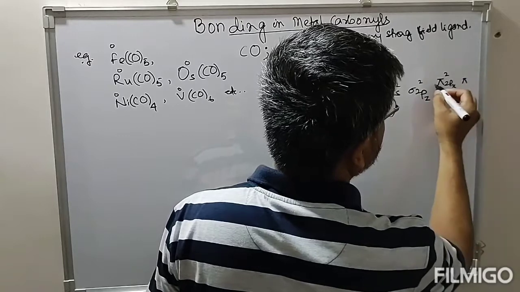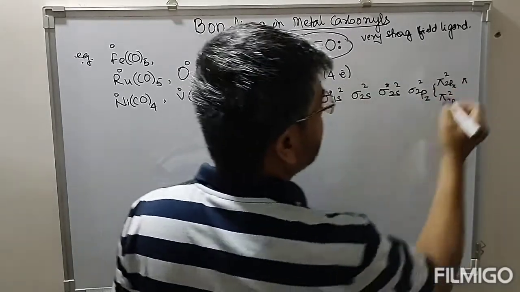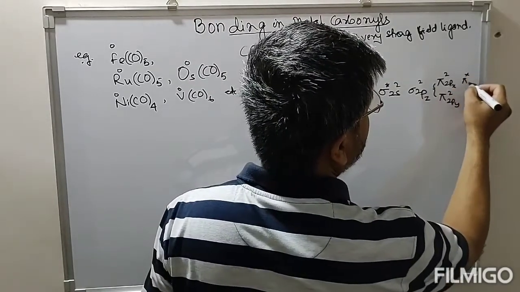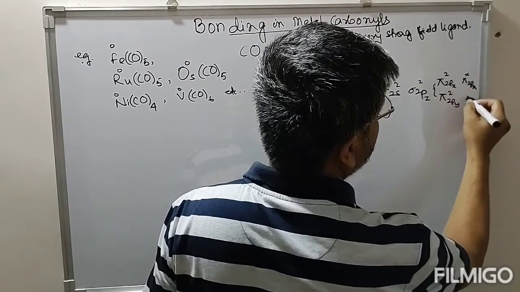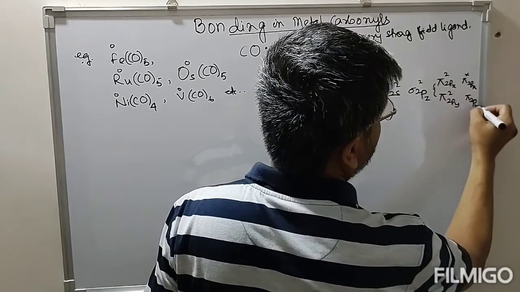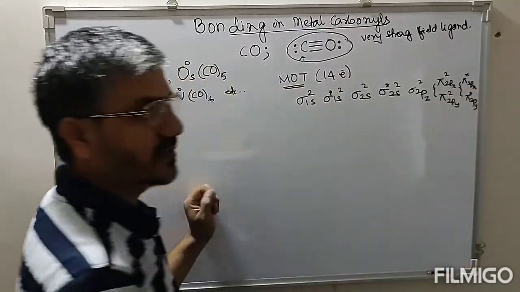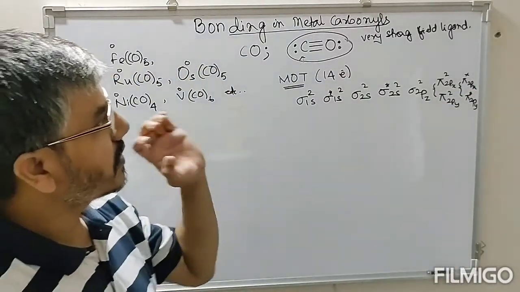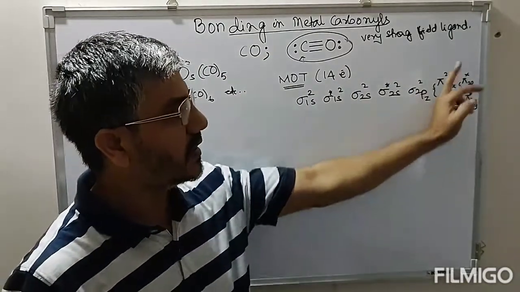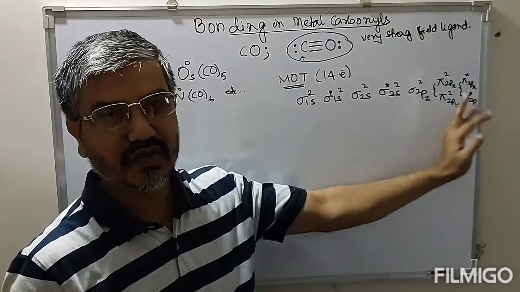Look at this very carefully. The pi star orbitals, which are anti-bonding, are unoccupied. So in carbon monoxide, the anti-bonding pi orbital is totally vacant.